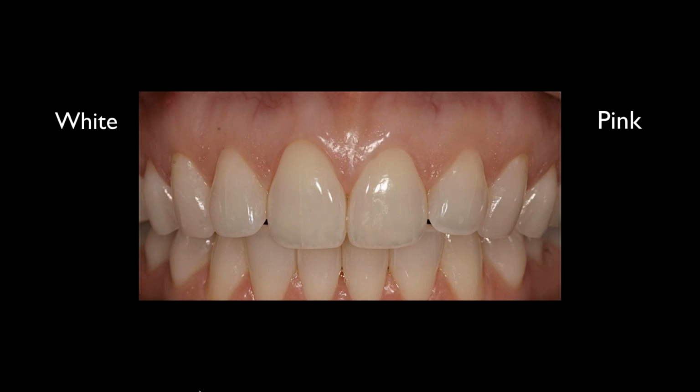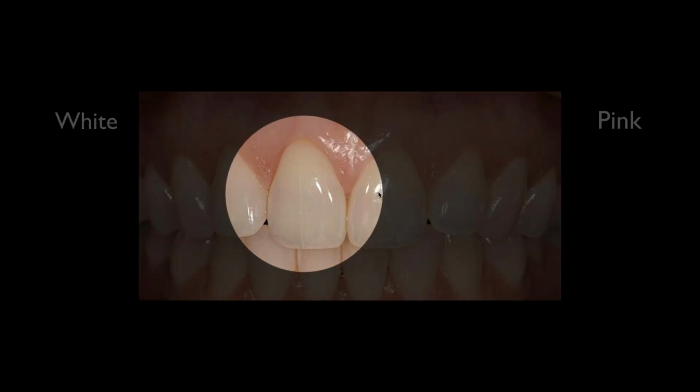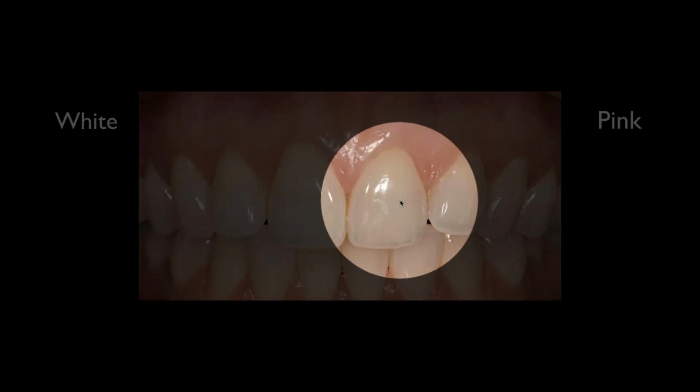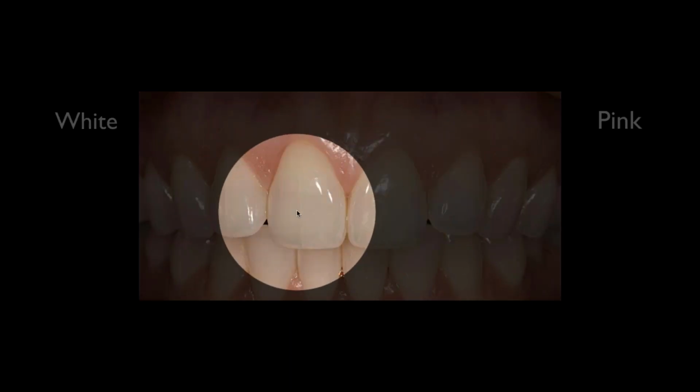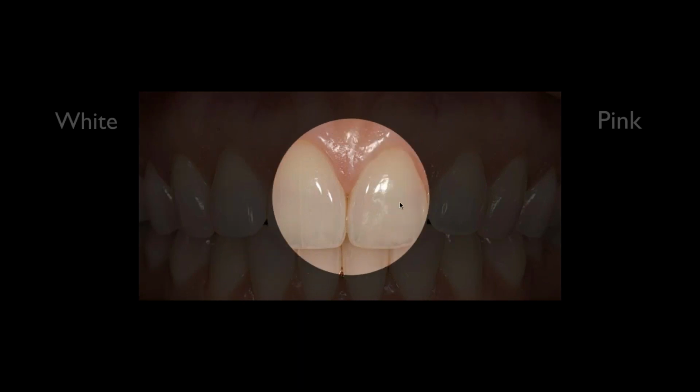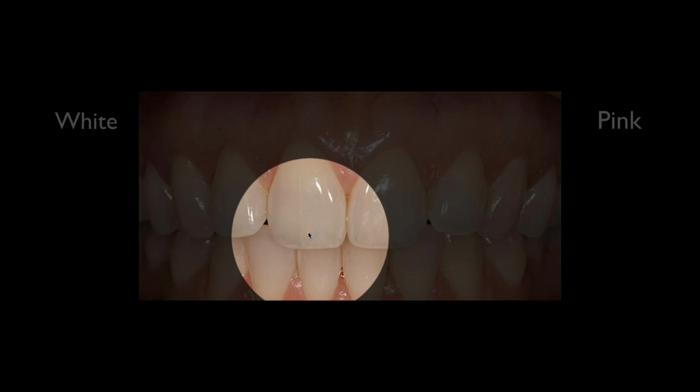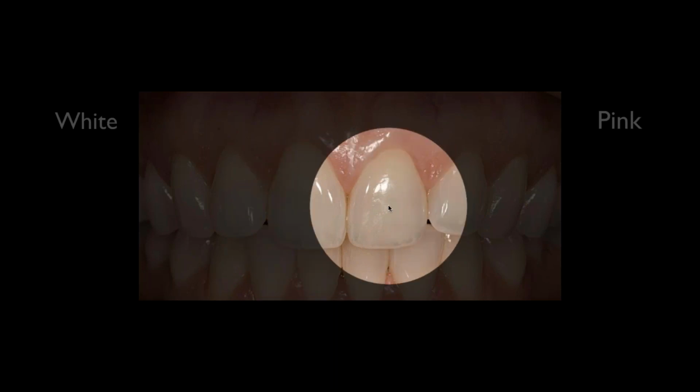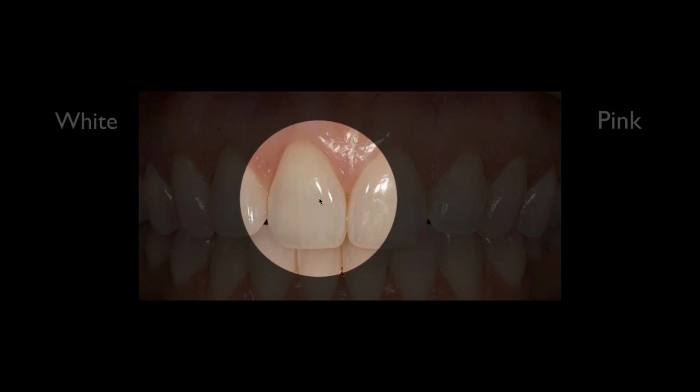Also, I have no problem telling the patients that sometimes the gingival architecture is part of their problem, meaning that if I'm making a tooth here on the number 9, what's the odds of me making this match the 8? The odds are slim. Why? Not because I can't get that color pretty close, because no matter how close I get it, it will never look the same because of the size.